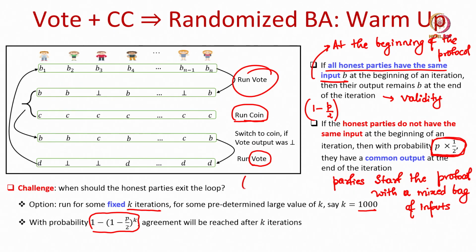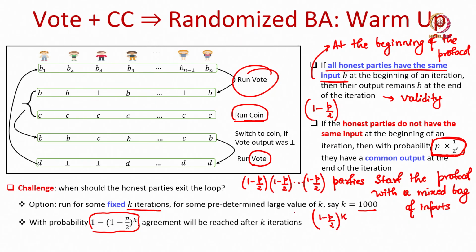That means, the probability that the first iteration does not help them to reach agreement is 1 minus p over 2, and the probability that the first two iterations do not help them to reach agreement is 1 minus p over 2 times 1 minus p over 2, and like that the probability that none of the k iterations help them to reach agreement is (1 minus p over 2) whole raised to the power k.